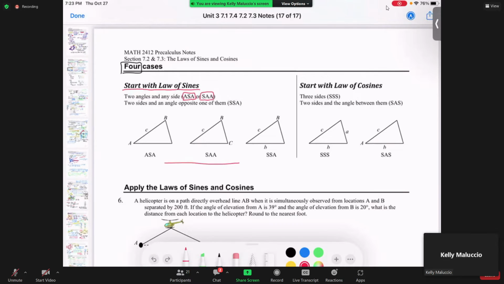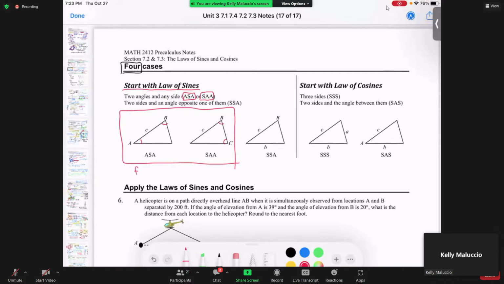The first two are no big deal. You're given angle side angle or side angle angle, and you just do law of sines until you solve everything and you're good to go. Something like this, you can solve.